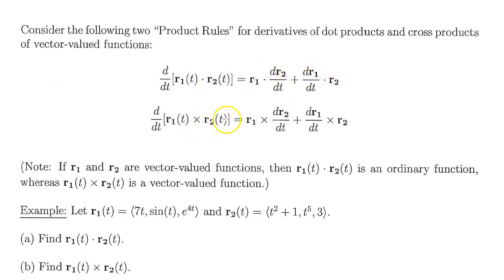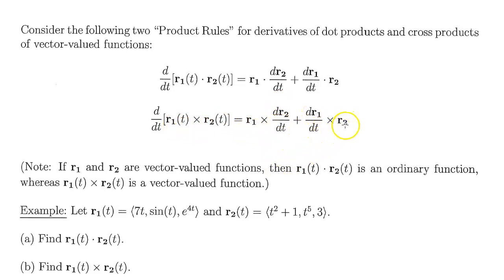And by the way, there's a similar one for cross products, the derivative of r1 cross r2. Now, these r1 and r2 have to be vectors in 3 space. Remember, you can only talk about cross products if you're in 3 space. This top one works whether you're in 2 space or 3 space. The derivative of r1 cross r2 is going to be r1 cross the derivative of r2 plus the derivative of r1 cross r2.